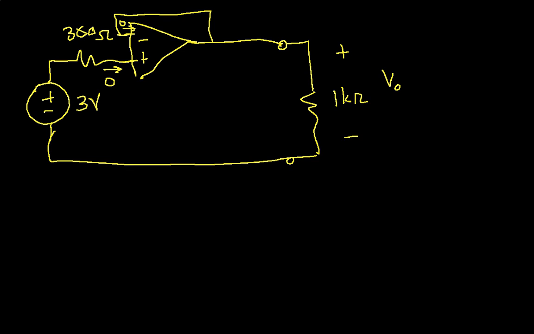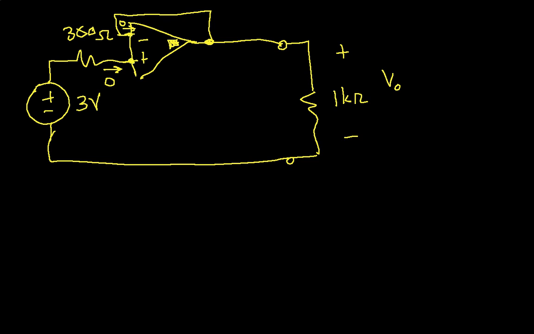Okay, and the other thing that we said about the ideal op-amp model is that the output of the op-amp will be whatever it needs to be to make the difference between the non-inverting and the inverting input 0.